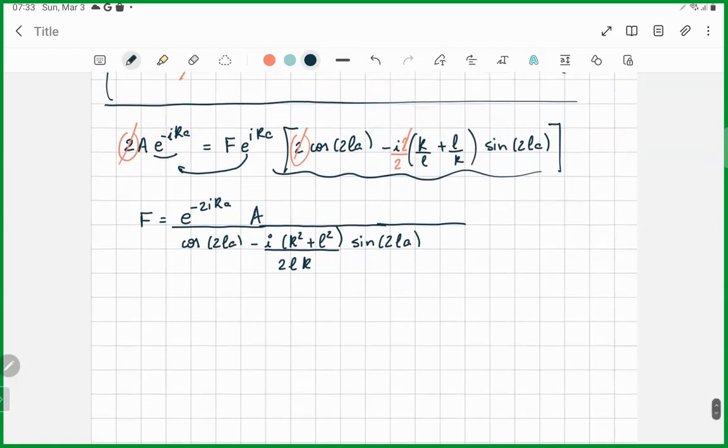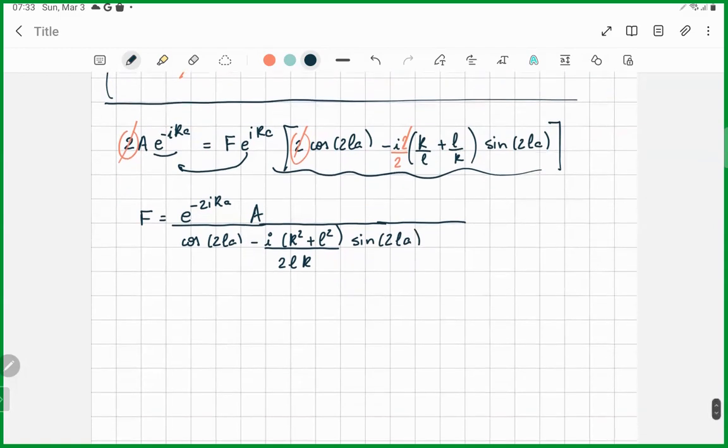All right, so this is what we wanted. With this, we are done. Now we can just find the transmission coefficient by doing the absolute value of F squared divided by the absolute value of A squared. When we do the absolute value of F squared, this term here disappears and becomes 1. And in the denominator, since this part is real and this has the imaginary part, I have just the square of the real and the square of the imaginary part.